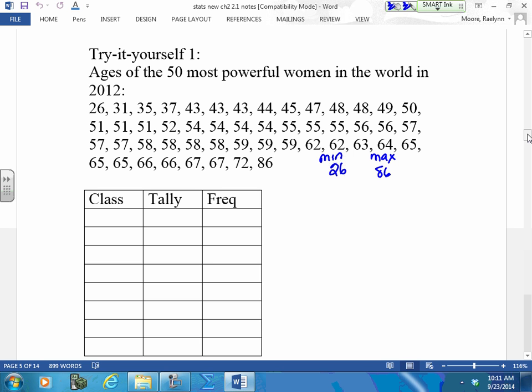And it wants us to do 7 classes. The problem tells us the number of classes. So this is the information we take out. We have to find the max minus the min over the number of classes.